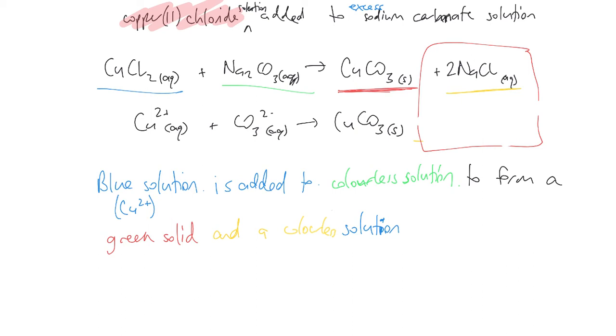Let's go through one more example. Okay, so let's do nickel 2 chloride added to silver 1 sulfate.